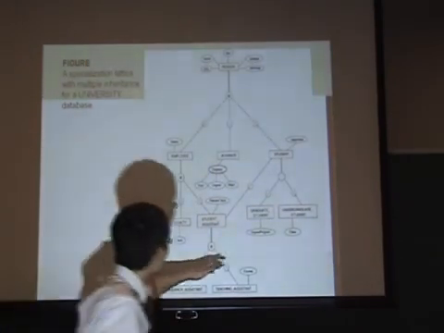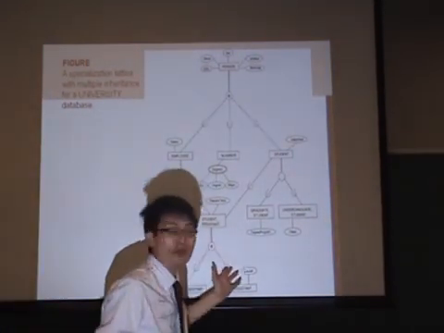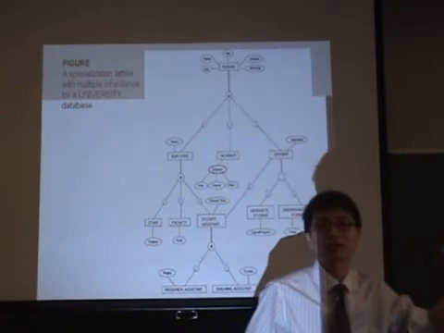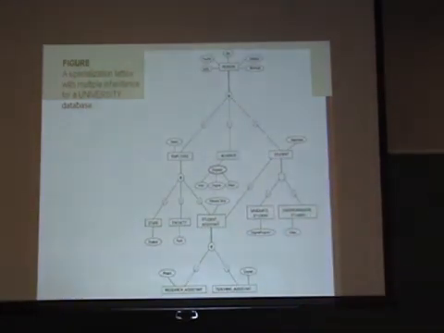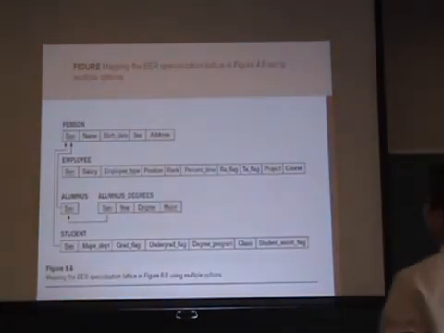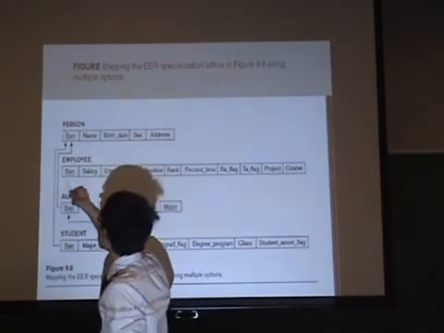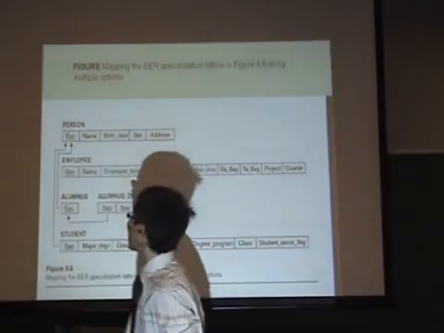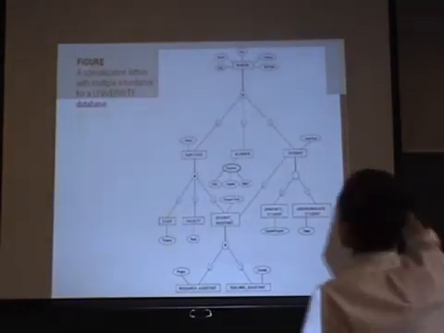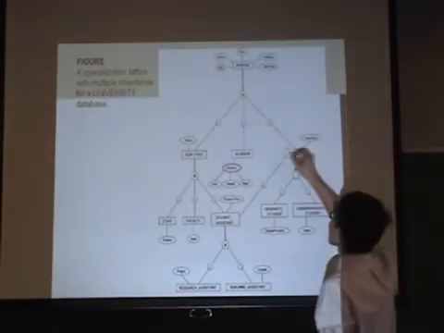And also this one can be the first option, this one the second option, something like that. So let's take a look at this example. There is a mistake. We should have the foreign key SSN to SSN. Then, in this relational diagram, what option is selected for this person, employee, alumnus, student?